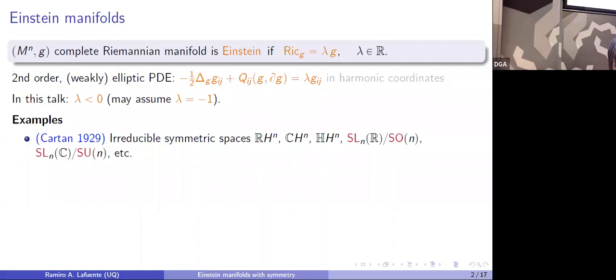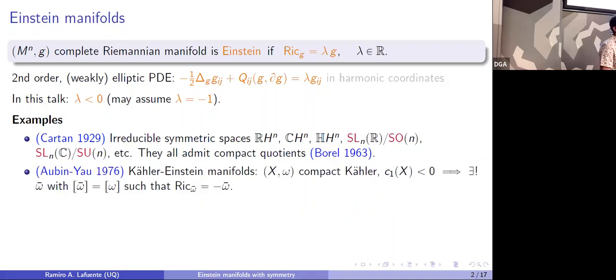So you have, for instance, some of the rank 1 symmetric spaces, and then some more complicated ones: a non-compact semi-simple Lie group mod the maximal compact. If the group is simple, this always admits a unique homogeneous metric, and it is Einstein. And by a result of Borel, they all admit compact quotients by discrete groups of isometries. So this gives examples of compact Einstein manifolds of negative curvature. These are all locally symmetric, of course.